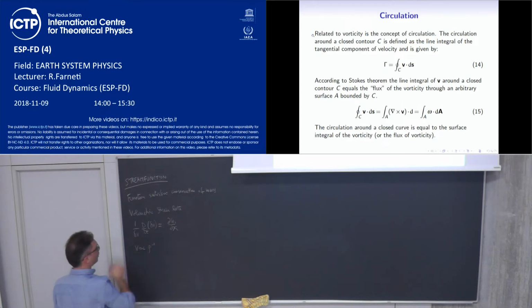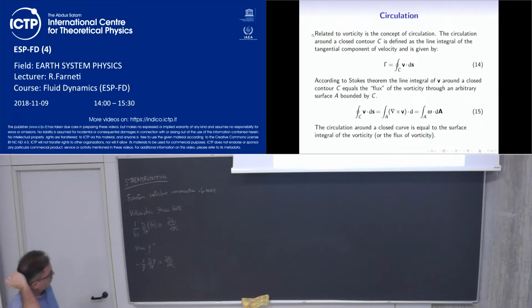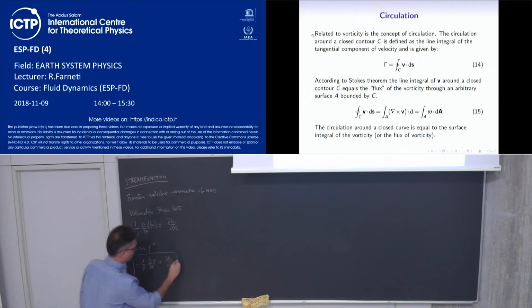So we're going to change now volume with density, and you can show that this is equal to this, rho is density. It's very simple to show this, they're inversely proportional. As volume increases, density decreases.